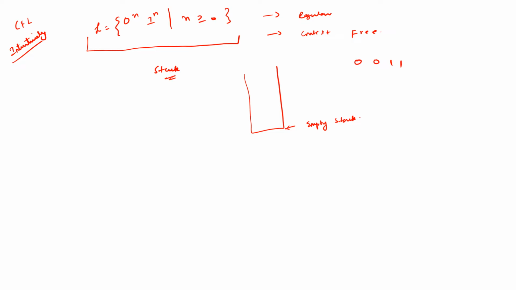The procedure that I'm going to follow is: whenever I see a 0, I'll push it to the stack, and whenever I see a 1, I'll pop from the stack. When I consume the entire string following this procedure, if the stack is empty, then I'll accept it.